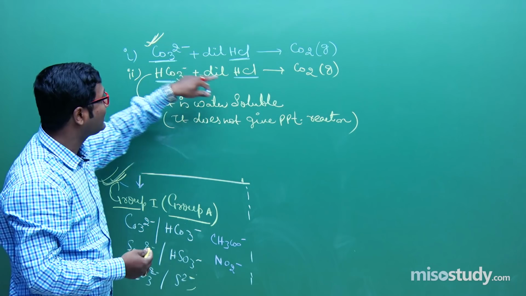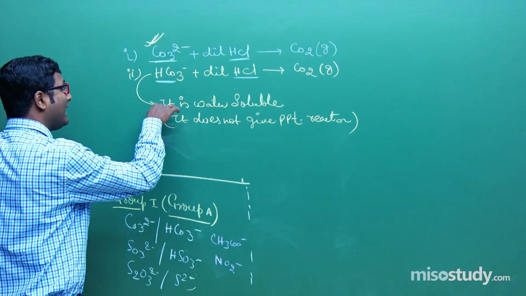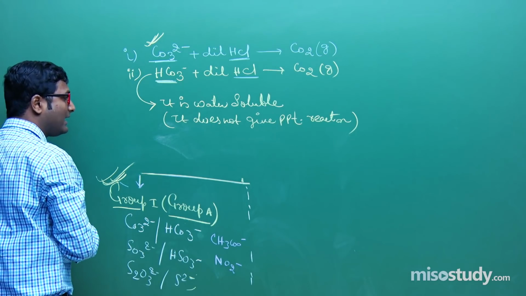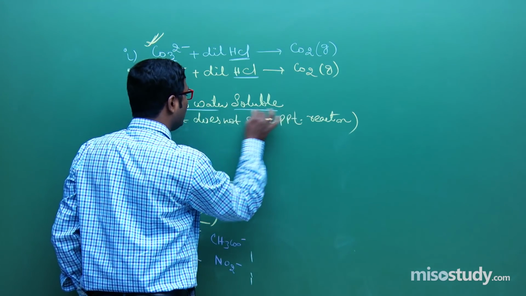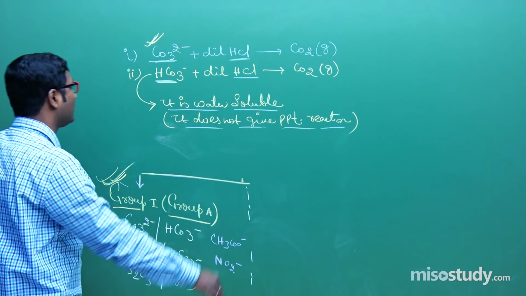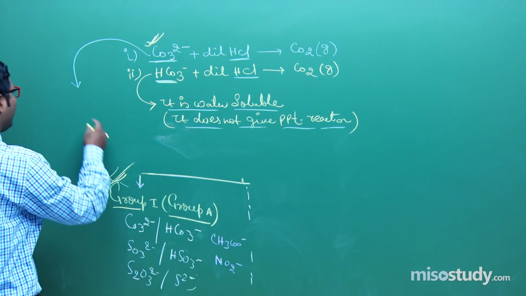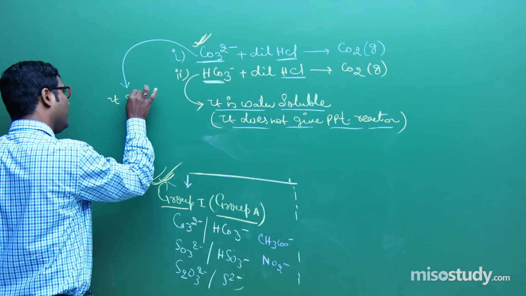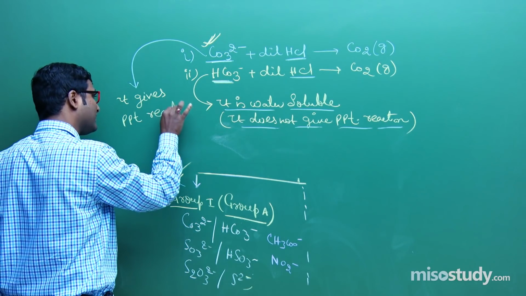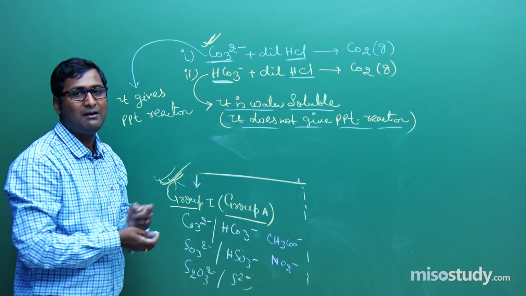In both the cases the gas is carbon dioxide. Now how to identify them? If a salt contains the bicarbonate radical, it is water soluble, that is, it does not give a PPT reaction. But if a salt contains carbonate, then it gives a PPT, a precipitation reaction. This is the second layer of detection between carbonate and bicarbonate.